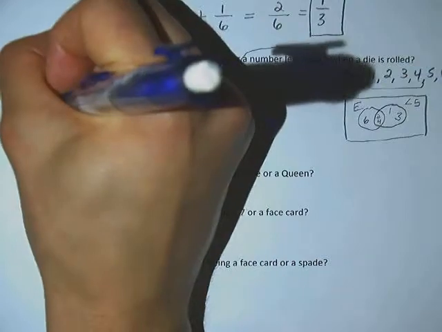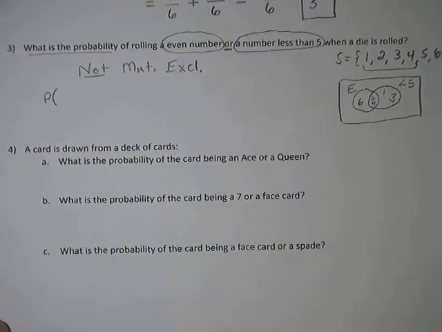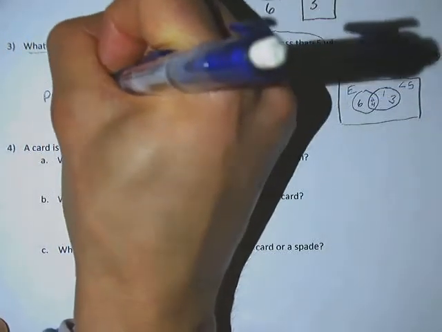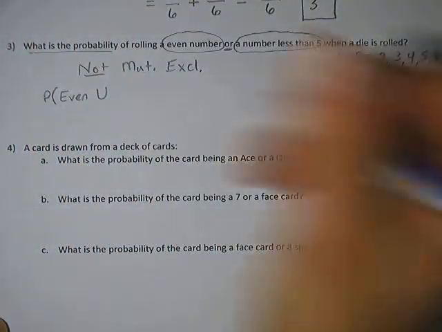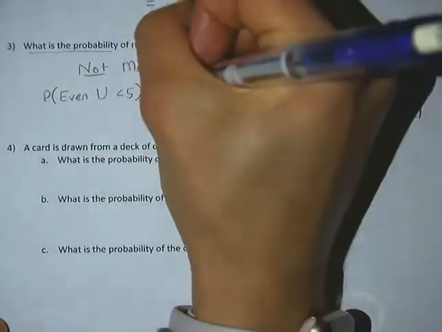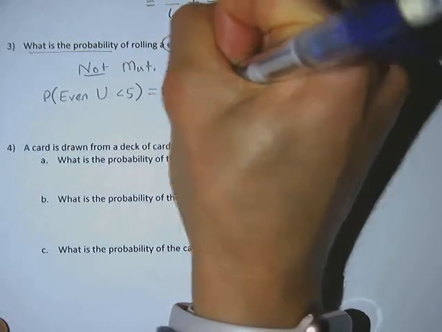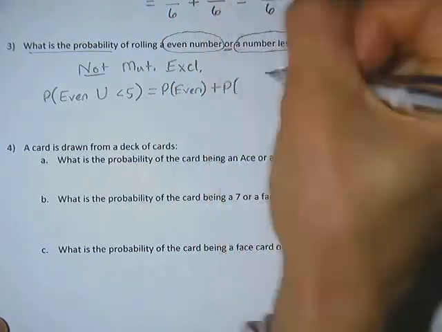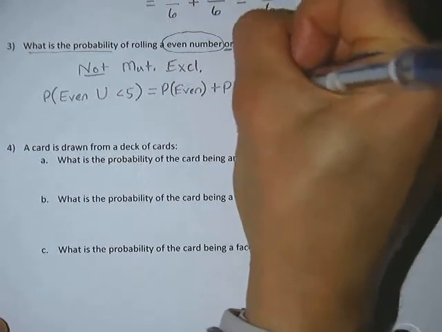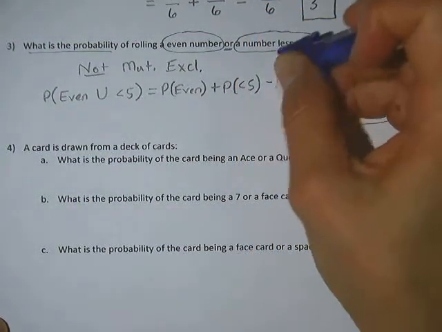So when we do this, we're going to be calculating the probability of getting an even number or a number that's less than 5. So I'll just put less than 5 here. And so if we use our notation, we're finding the probability of getting an even plus the probability of getting a number less than 5. And then we have to subtract the probability of getting both.